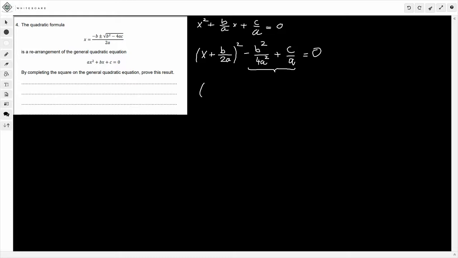It's going to be x plus b over 2a, squared, is equal to b squared over 4a squared minus c over a. So this sign is going to change, obviously, because this one was minus, this becomes positive, this will become minus, so that's minus c over a.